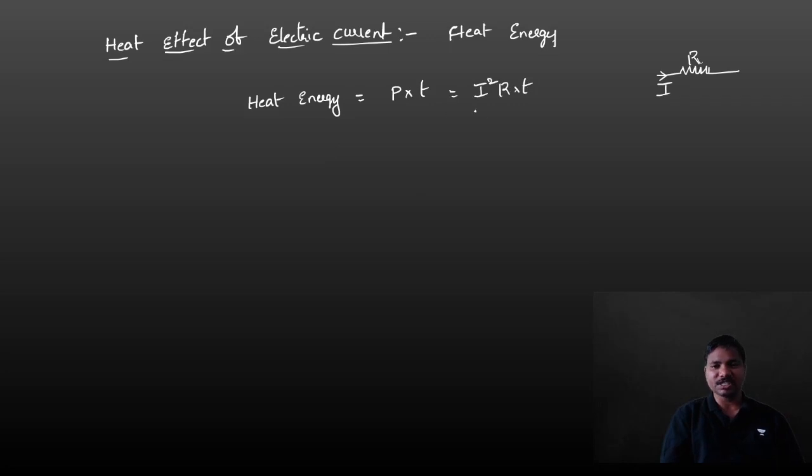So the heat energy depends upon current. As the current is more, heat energy will be more. Very important. Sometimes they will ask a question on heat. Heat is equal to I square R into T. T is nothing but time.